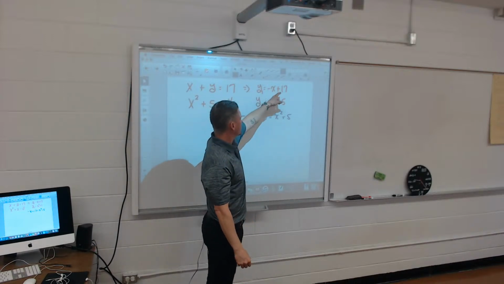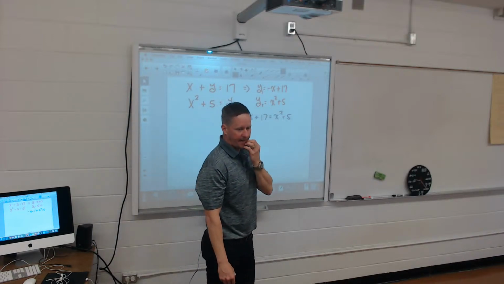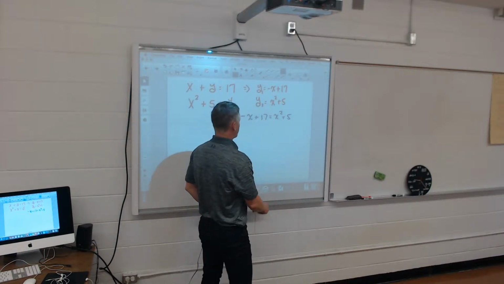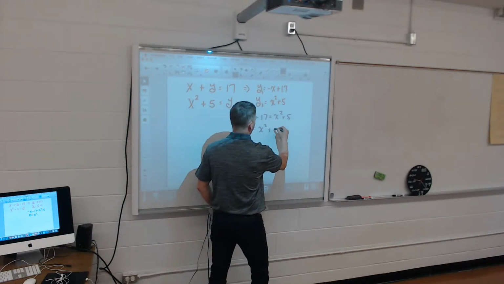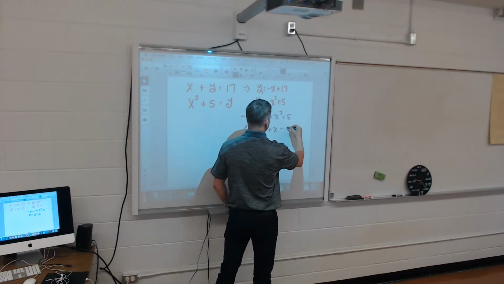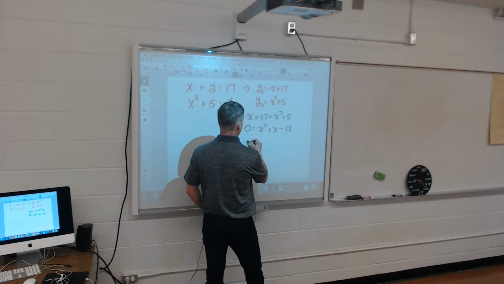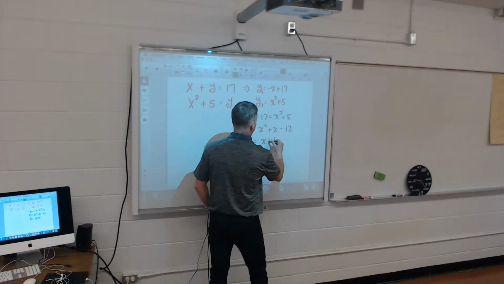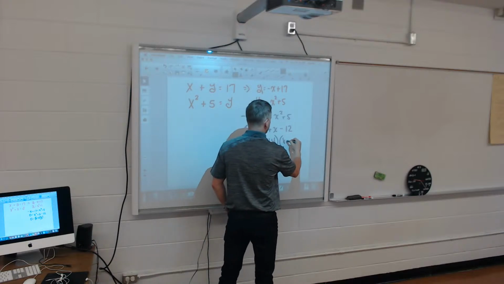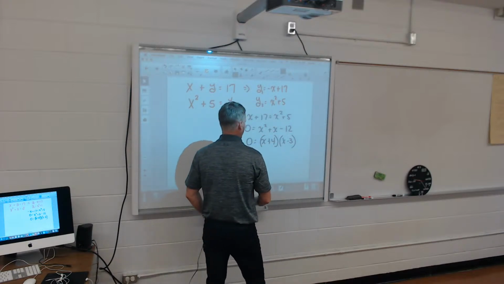Because if this y is equal to that and that y is equal to that, I know that they're equal to each other. I go 0 equals x squared plus x minus 12. 0 equals (x add 4)(x subtract 3).